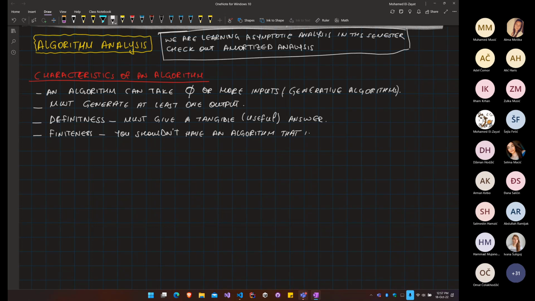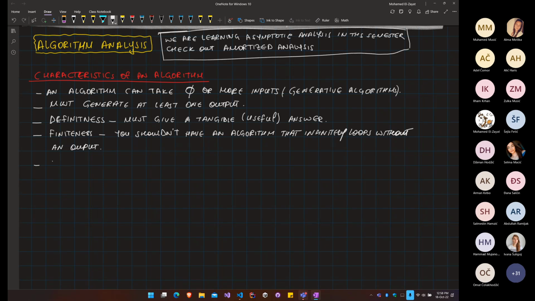That infinitely loops without an output. So that's one.